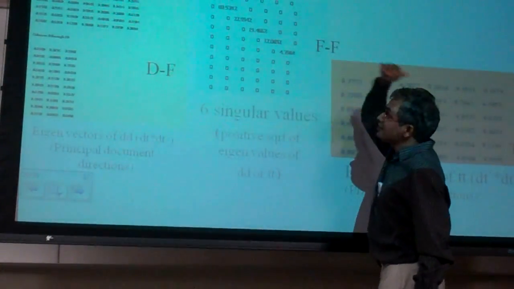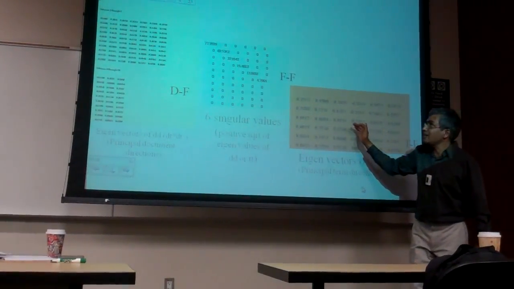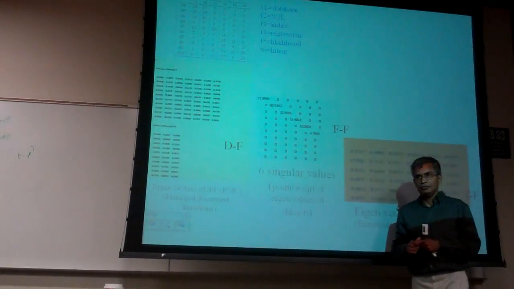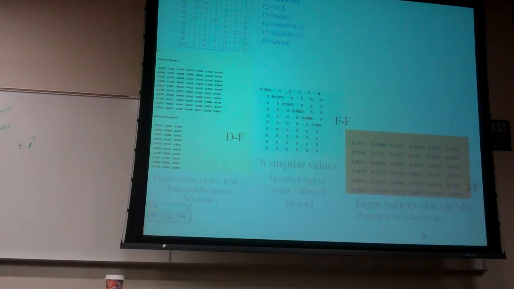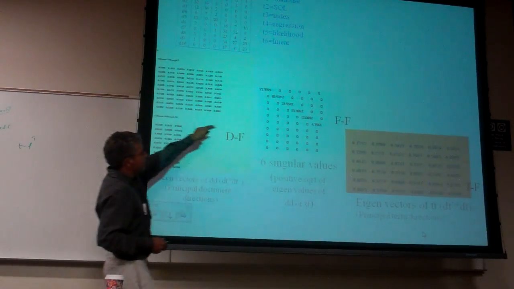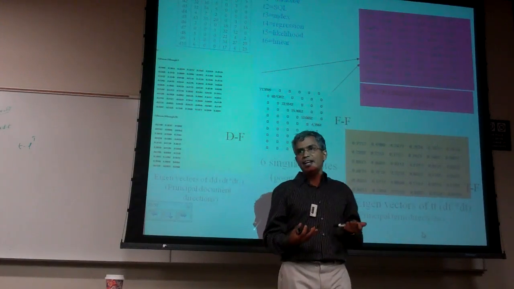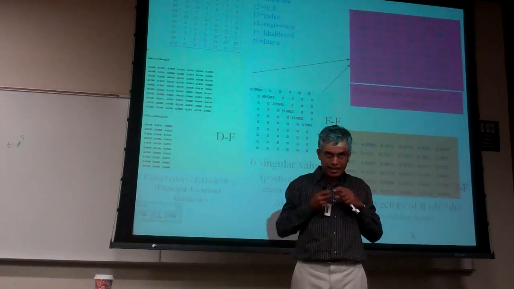Now the question then is, if I multiply this by this, I'll get my old matrix back. I can tell you this for sure. Furthermore, if I were to just multiply this matrix by this matrix, df times ff, it will still be a df matrix. It will be of the size of the df matrix.